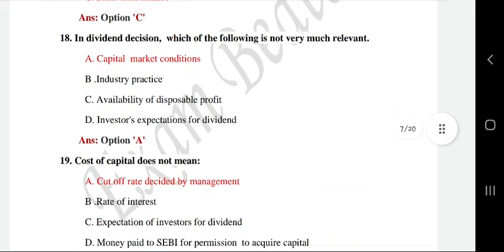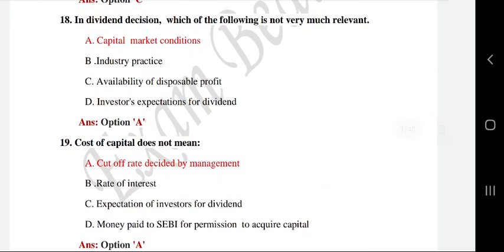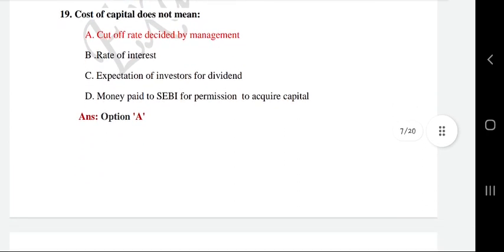Question number 18, in dividend decisions, which of the following is not very much relevant? Option A, capital market condition. Question number 19, cost of capital does not mean. Option A is the answer, cut-off rate decided by the management.